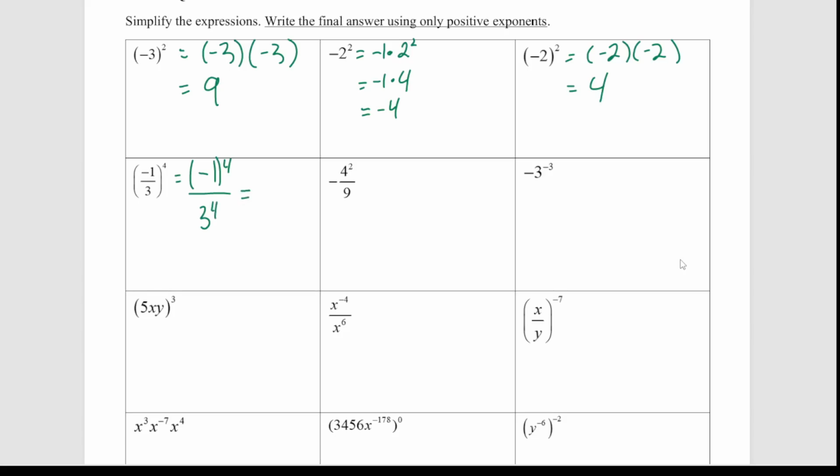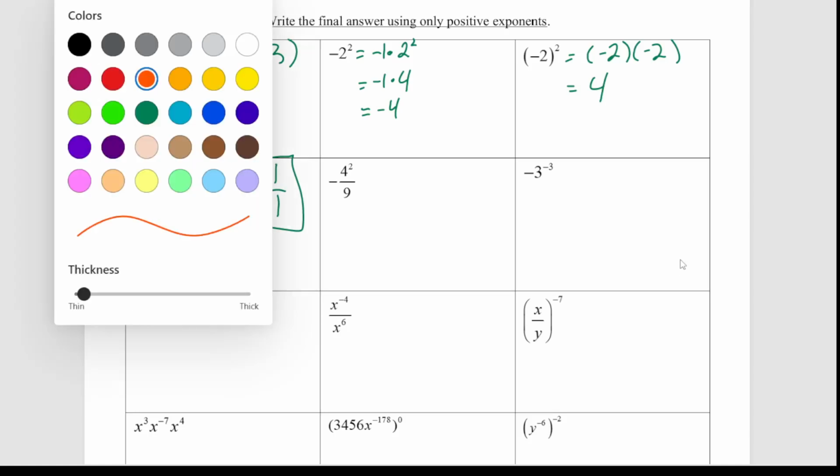Negative 1 to the fourth means I'm doing a negative times a negative times a negative times a negative, which will end up giving me a positive. 1 times 1 times 1 times 1 ends up still just equaling 1. 3 to the fourth, well, 3 squared is 3 times 3, which is 9, times another 3 is 27, and then 27 times yet another 3. 3 times 7 is 21, carry the 2. 3 times 2 is 6, plus 2 is going to give us 8. So this will simplify to 1 over 81. And again, be very, very careful about the placement of parentheses here.